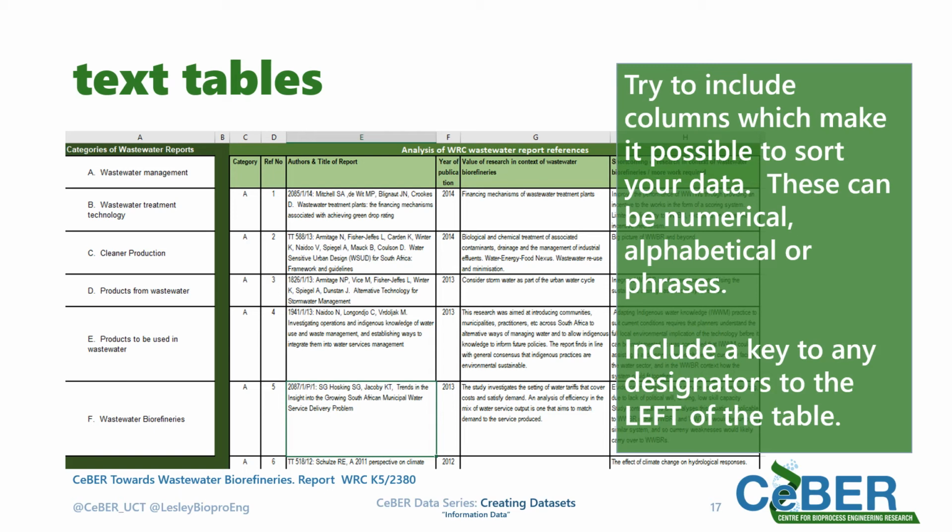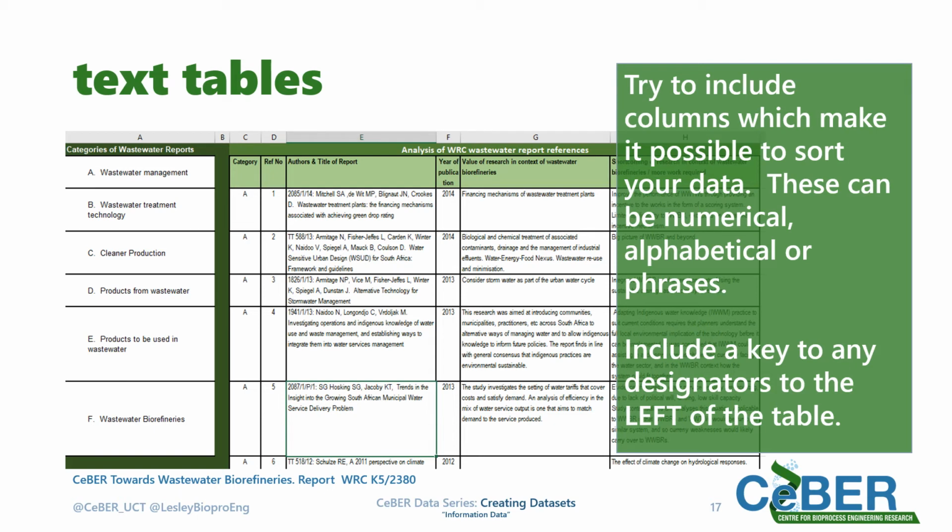In this table that we see here, things have been categorized, and on the left there's a table which is a key to the designators for sorting that column. So be savvy about your information, and when you put it in a separate column and when you keep it all in one column, and make sure you give people enough information.